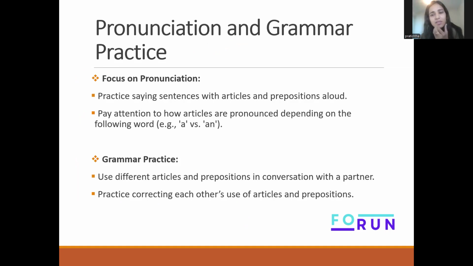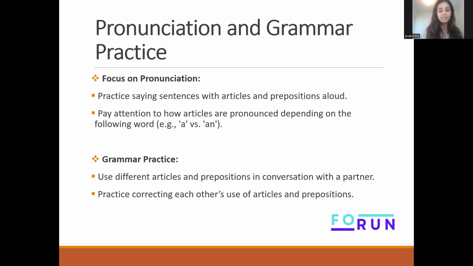So again, I would specifically say to try to speak and focus on the pronunciation and the intonation of using these little grammatical phrases as well. Try to speak these phrases aloud in front of your partner, your friends, the TV, the mirror, whatever you feel is best.